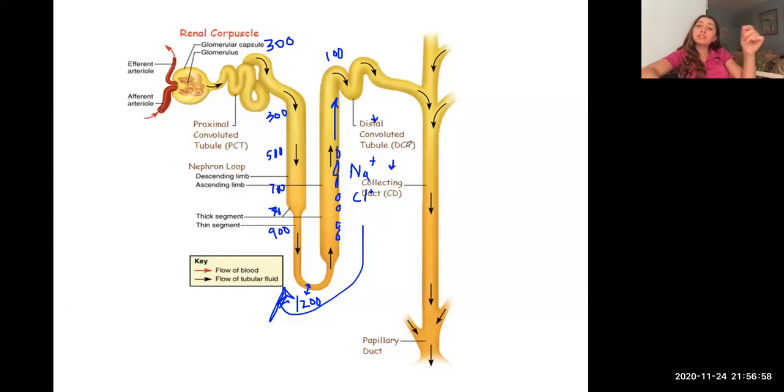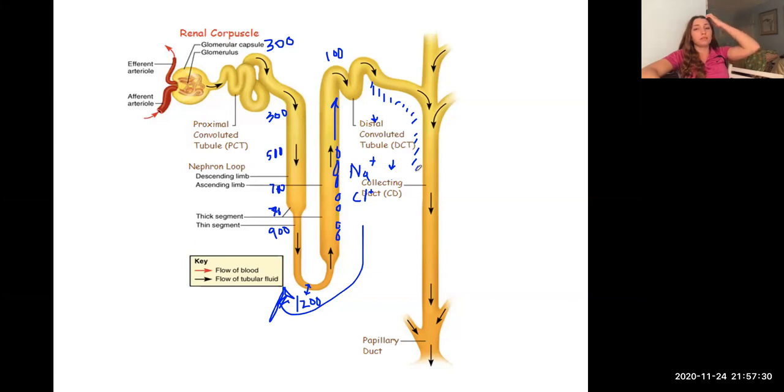If there's a very high amount of ADH, then your water retention is going to be much higher. The aquaporins, I'm not going to explain that, but basically it allows the water to leave. The less ADH, the fewer channels that are open, and so the more water that stays in.